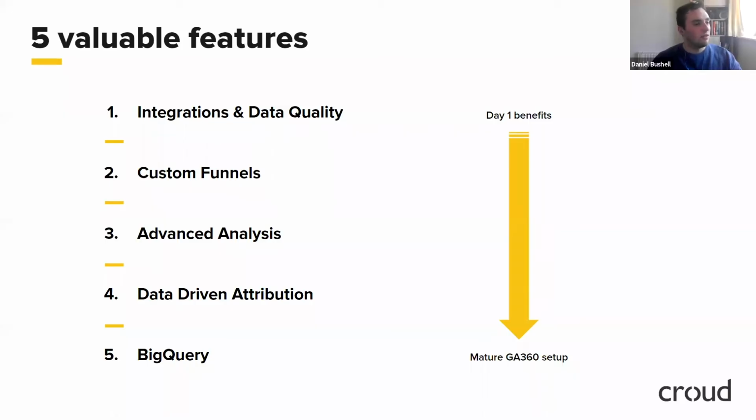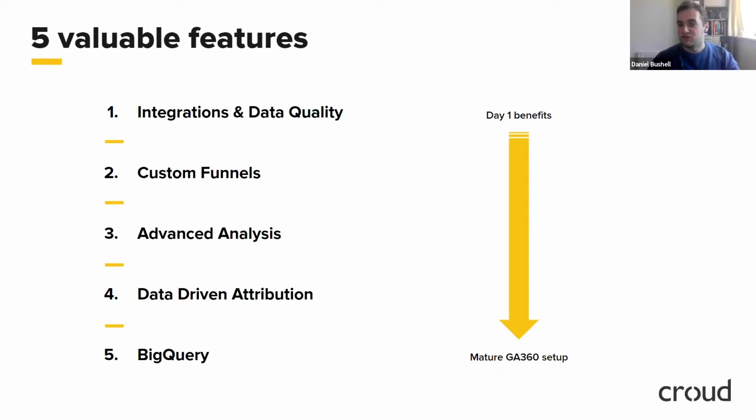In the 5 key points we're going to cover, we're going to go through them in a chronology that works from the day one benefits that you get when you first install GA, that's there right off the bat. As soon as you have it, you have this benefit, to some more advanced benefits that require a bit of setup and a bit of time to work at, and require a more mature setup with your analytics to make the most of those benefits.